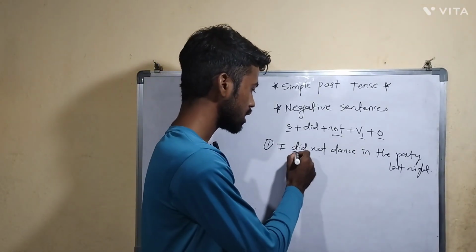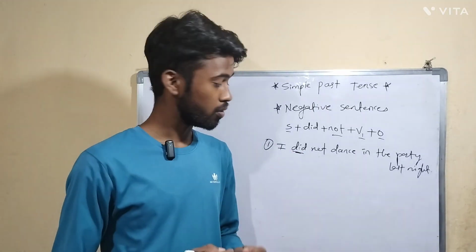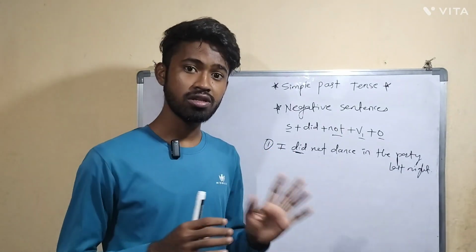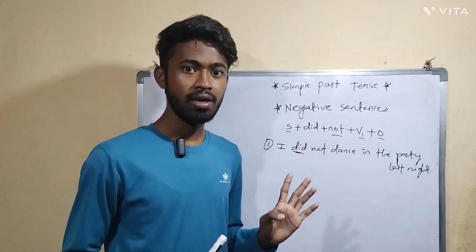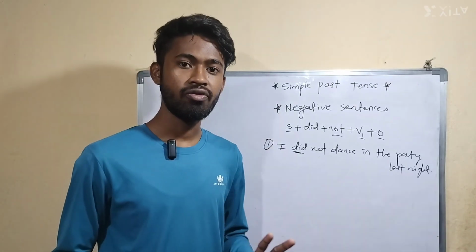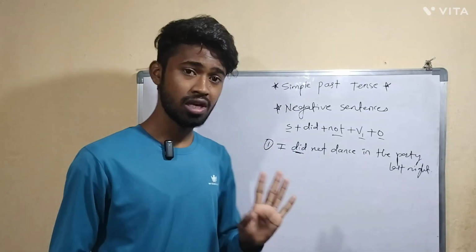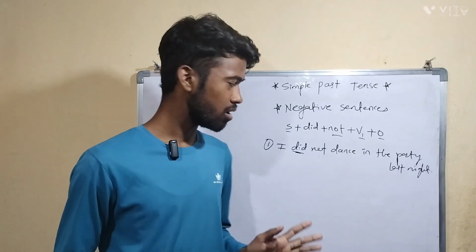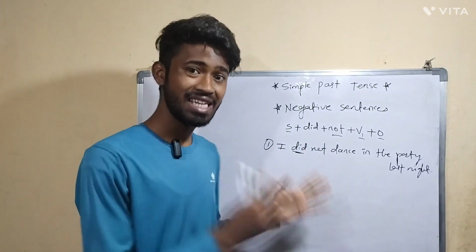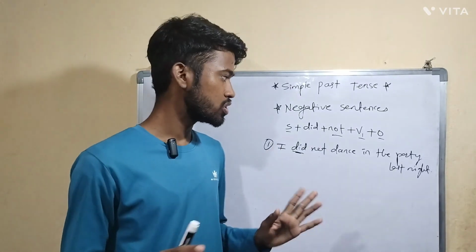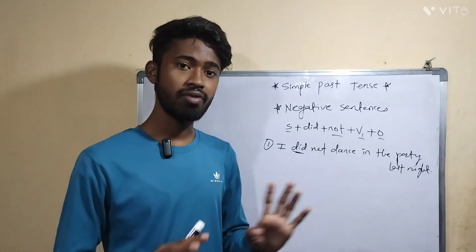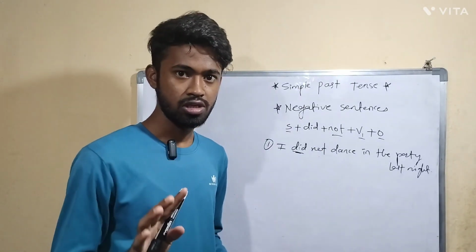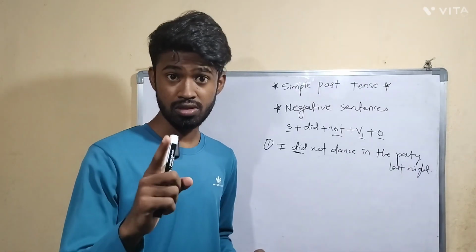Whenever we use did in a sentence, in negative and interrogative sentences, did is actually the second form of do. So already we are using one second form, and whenever we use did in any sentence, we should not use the second form of verb. We use only the first form of verb. This is a very important thing you need to understand.